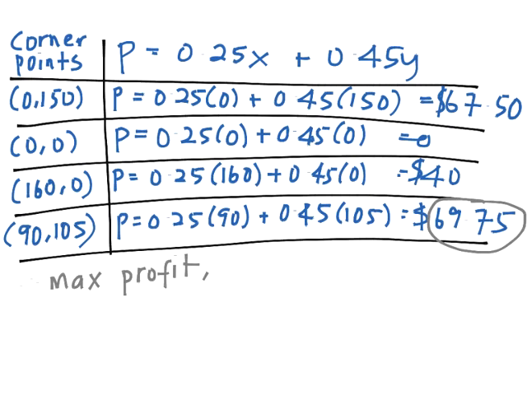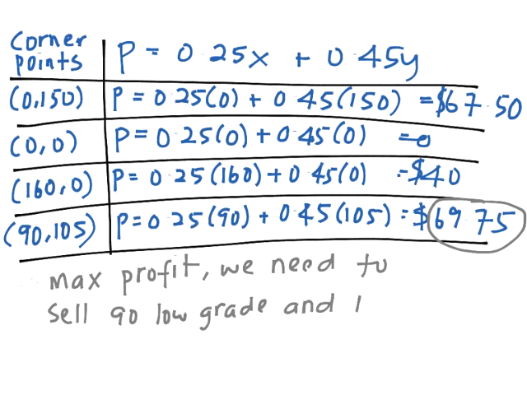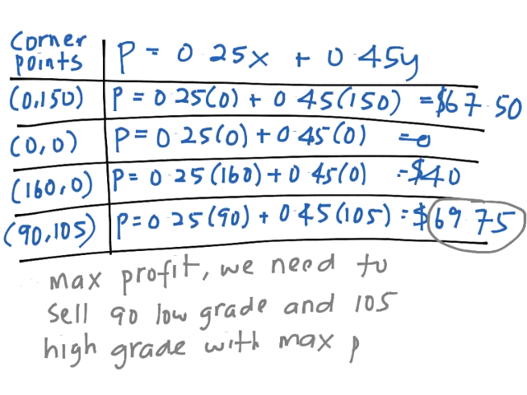To maximize profit, we need to sell 90 low grade and 105 high grade, with a maximum profit of $69.75. So we have solved the problem of nuts, cashew and peanuts.